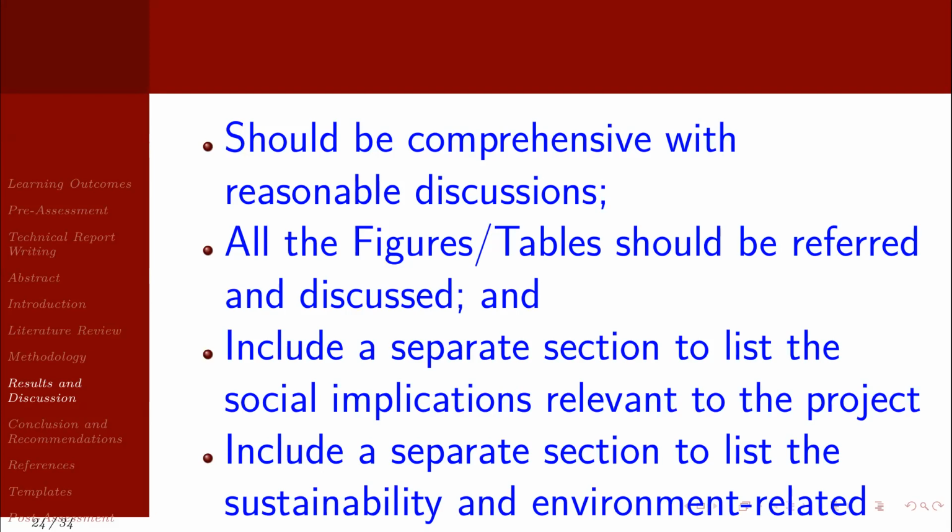With the help of SDGs, you analyze the social implications of your project or research, and include a separate section to list the sustainability and environment related aspects. It's kind of a must if you want to get good marks.